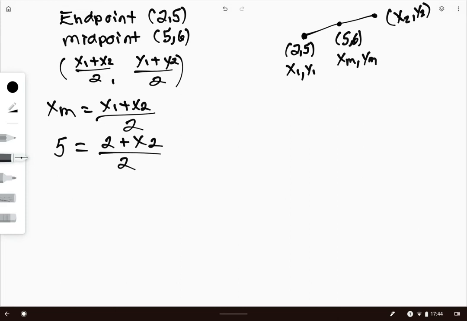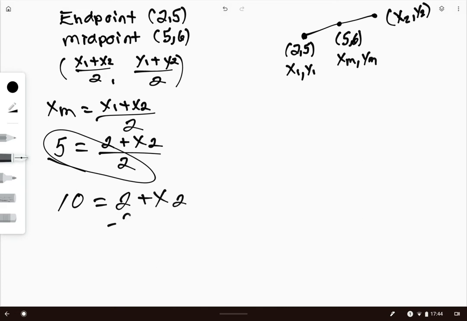Now my next step is to cross multiply, which is what we've been doing since the start of the year. That gives me 10 equals 2 plus x2, and then I subtract the 2 from both sides, and so x2 is going to equal 8. So up here, I will label the x value of the endpoint 8.